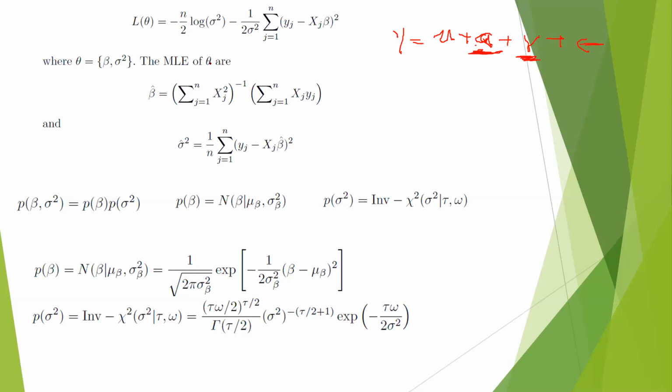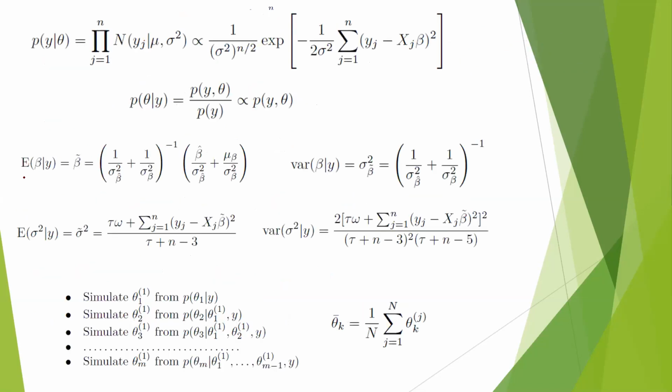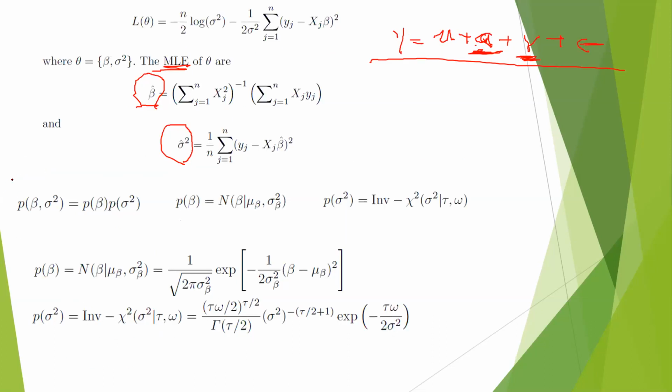If we use this linear regression model, we can get the MLE for any parameters of interest. Once we get this, we can calculate the posterior probability given the data.